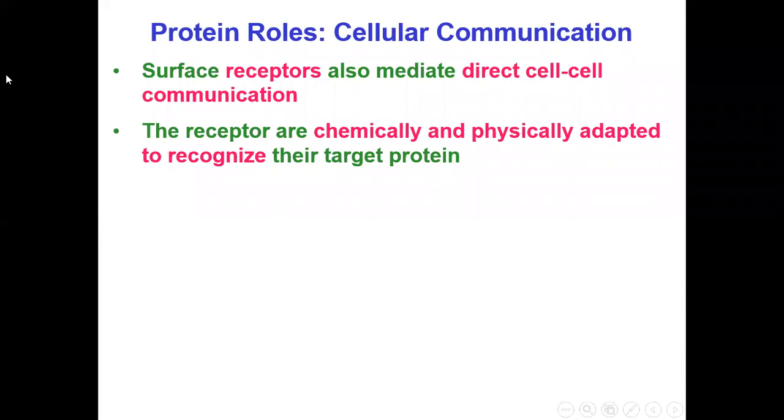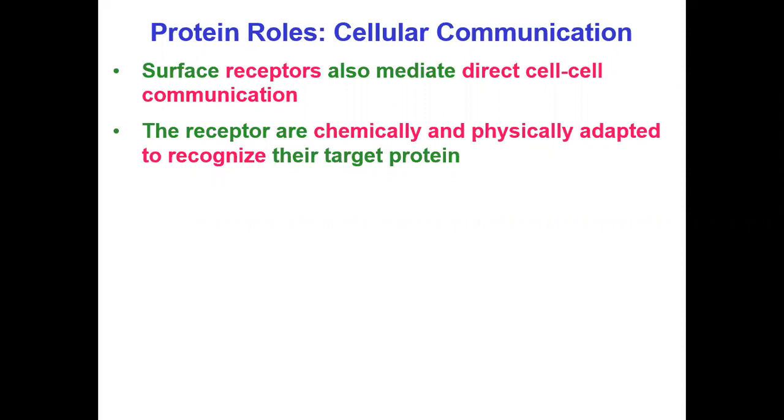Finally, many cells are able to communicate by direct attachment to one another instead of releasing chemical messengers that diffuse between them. In such cases, the attachment between the two cells is mediated by two receptors at the surfaces of the cells, one on the signaling cell, the other one on the receiving cell.